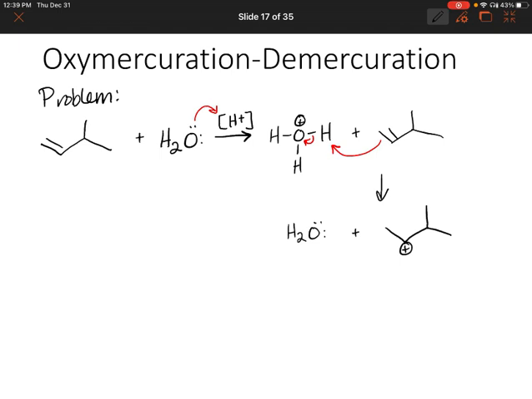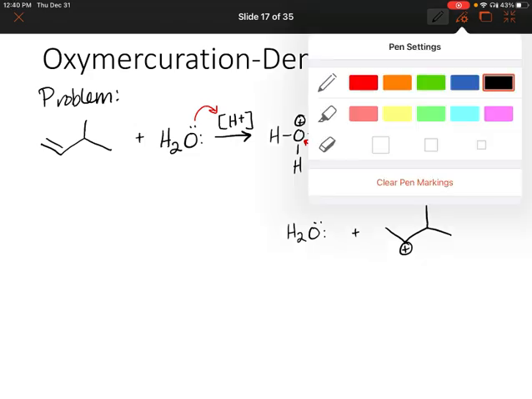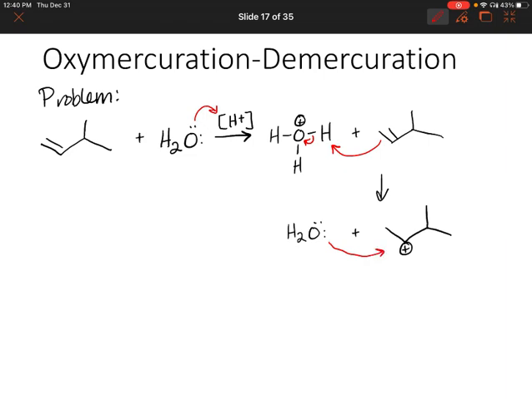Okay, so now water will come in and attack that positive carbon, and we'll end up forming another intermediate. And then excess water can be used to remove one of those hydrogens to create our alcohol.